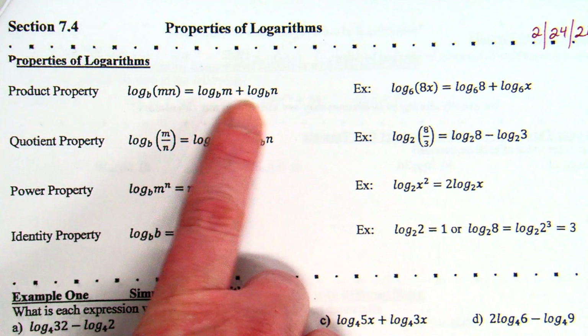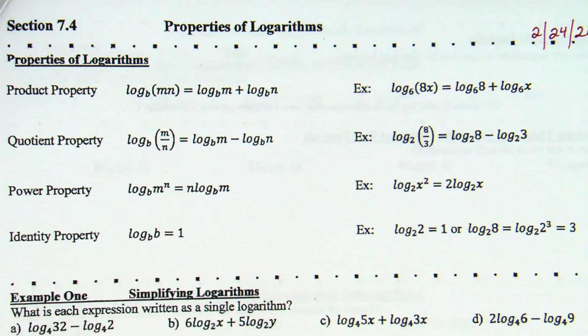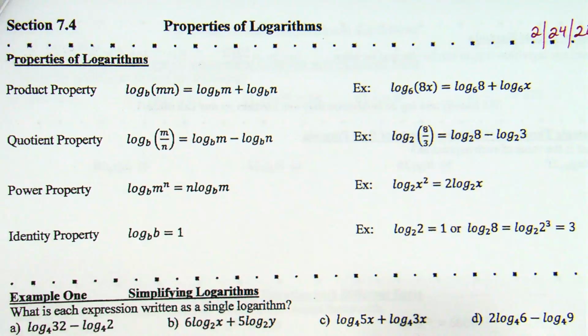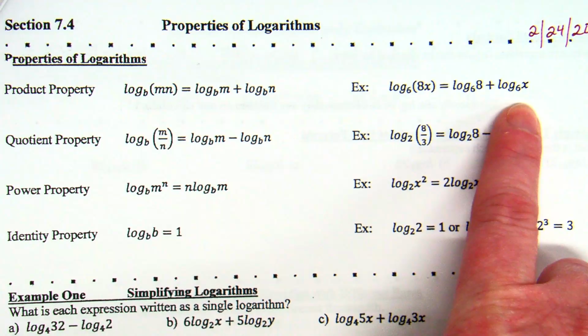It doesn't work if you have two different bases. So, for example, log base 6 of 8x. What do you know about 8x? That is 8 times x. So that could be written as log base 6 of 8 plus log base 6 of x. So that's the product property.